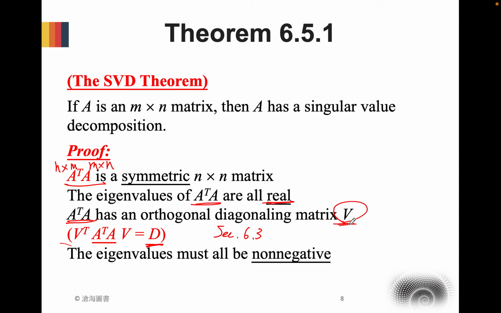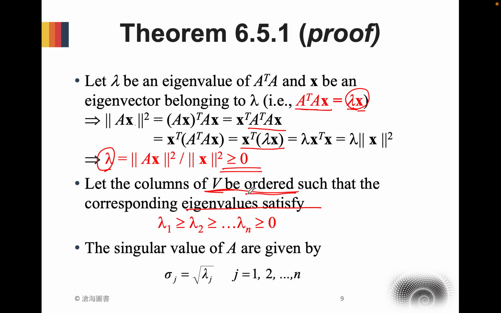We just collect the eigenvectors of the matrix A transpose A. Then we can form the diagonalizing matrix V. Here, we order the position of the eigenvectors such that the first column vector of V is the eigenvector corresponding to lambda 1.